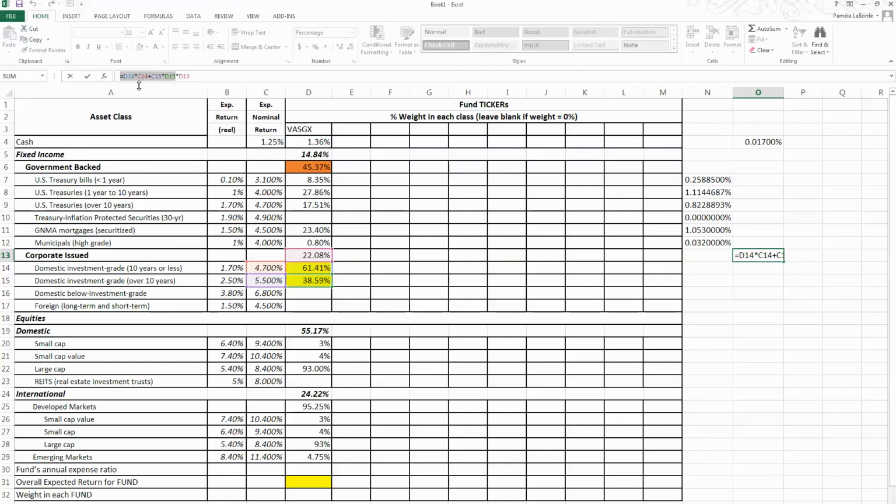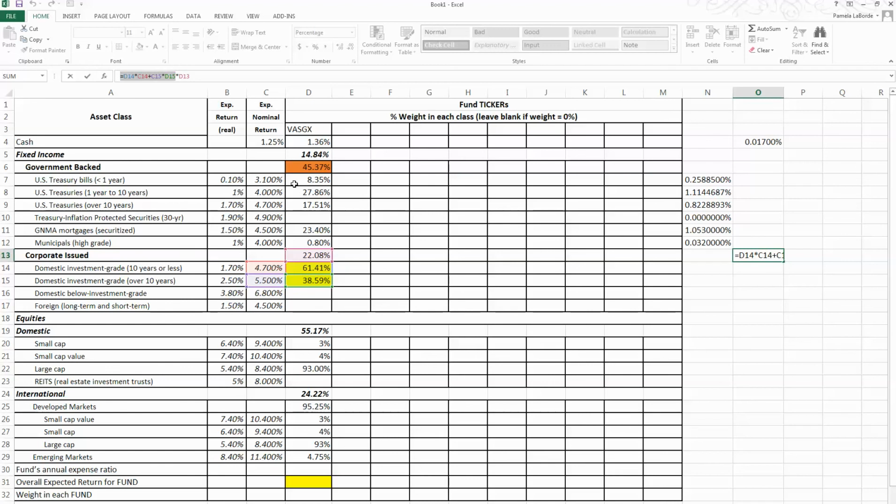So this highlighted section is these two cells plus these two cells. Then I multiplied it by the 22.08% because domestic corporate issued bonds are only 22% of the fixed income portion of the portfolio. So I need to do the same thing for this section.